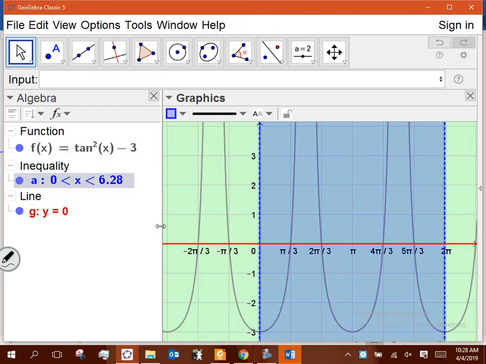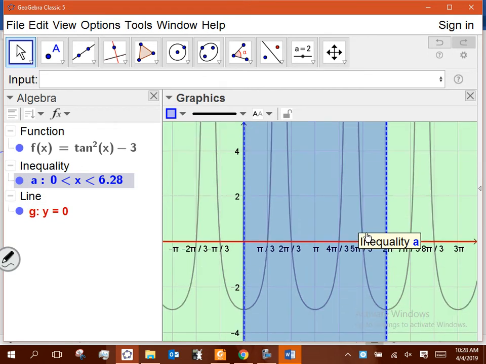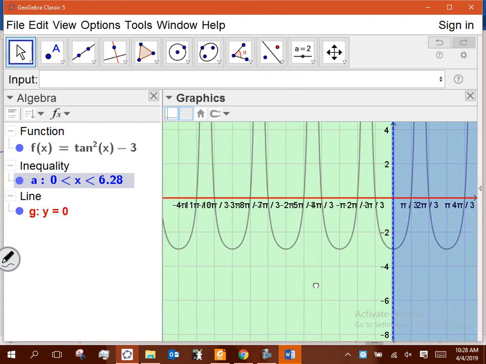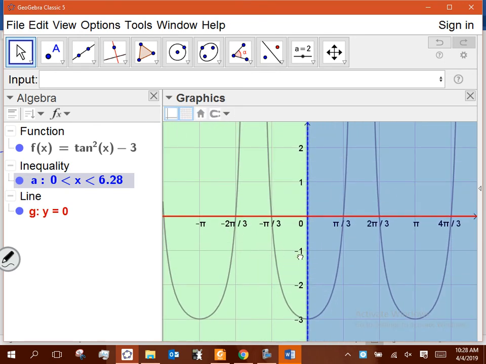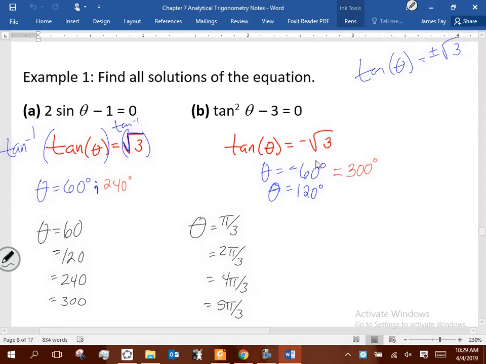Now, if I was just interested in looking between that blue interval, I could be done and go on to the next problem, right? If they ask me for the infinite number of solutions, I've got some work to do yet, right? How do I go from one solution to the next inside the tangent function?